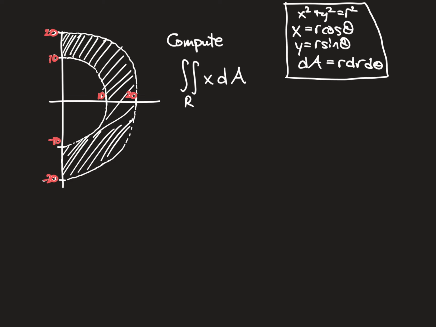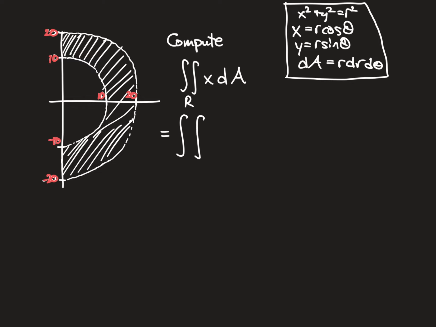Before we get into anything too heavy, polar coordinates come with their own host of conversion formulas, and I'm just going to write all of them down here in case they come in handy. Two are going to come in handy right off the bat.